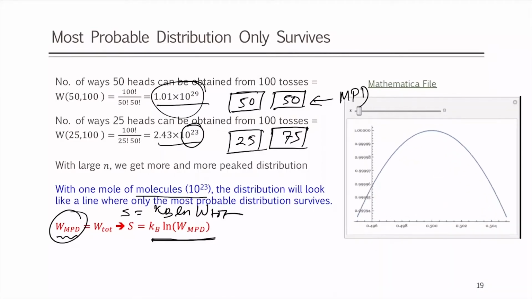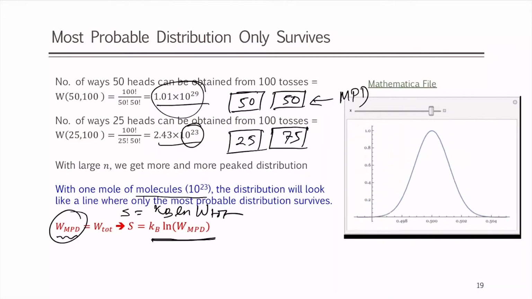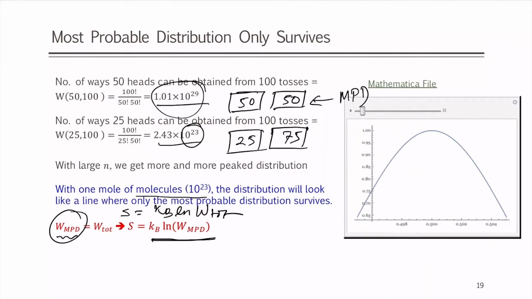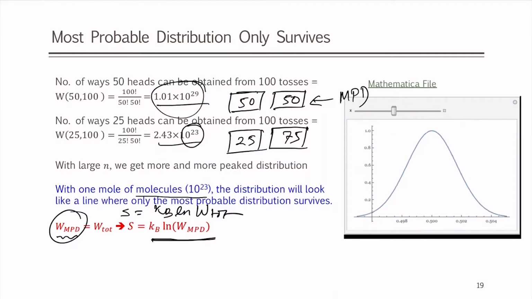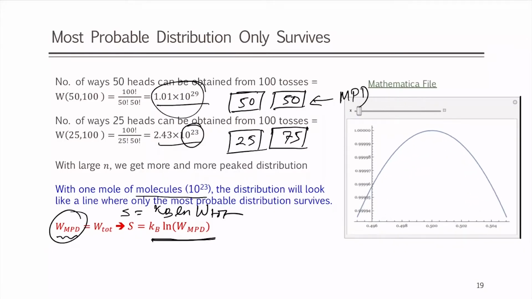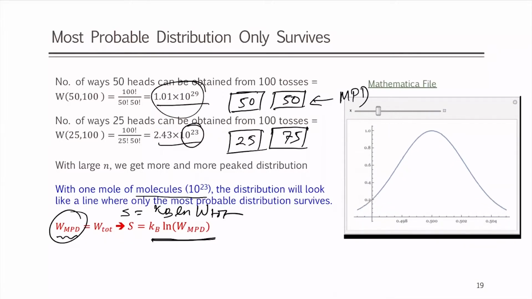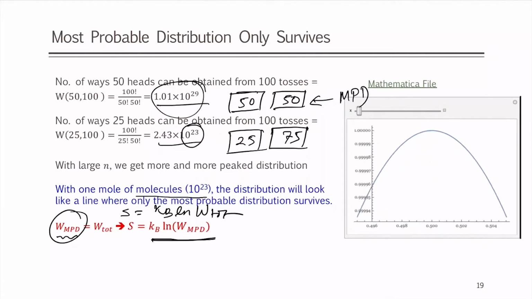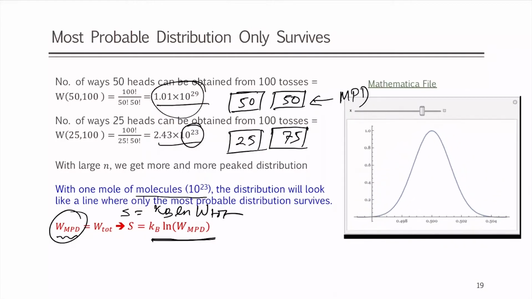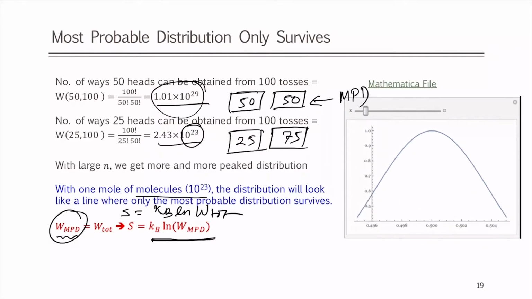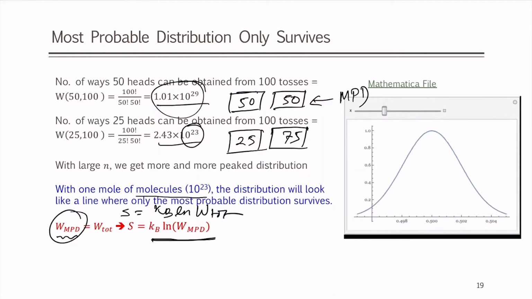Now, here I am showing in Mathematica how, with the number of n, the distribution gets sharper and sharper. Mathematica is software in which we can calculate these big combination problems and then plot them.